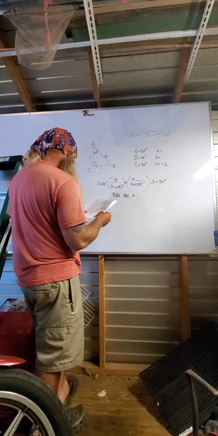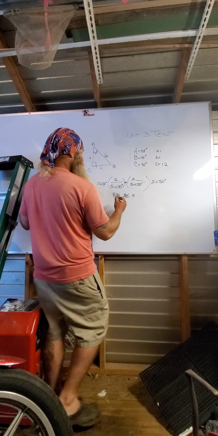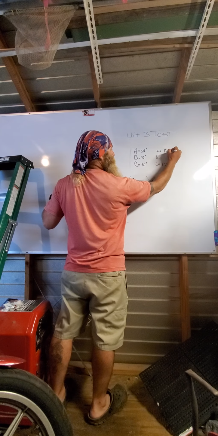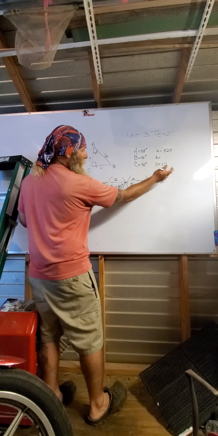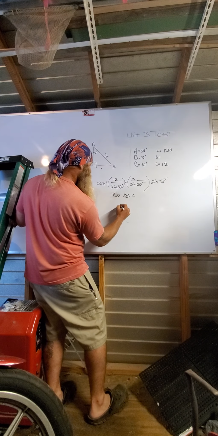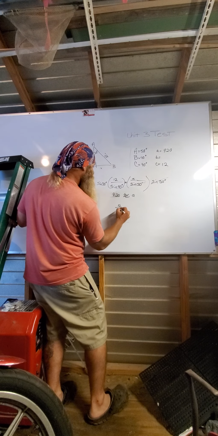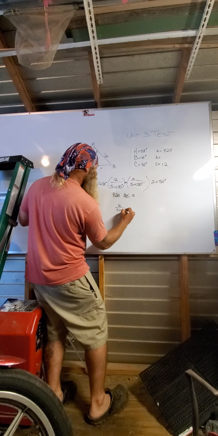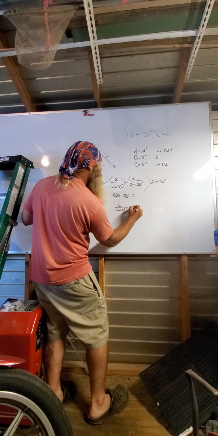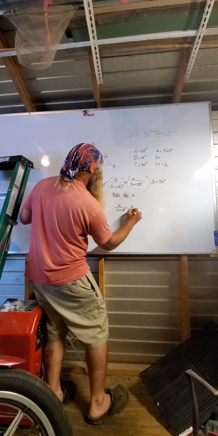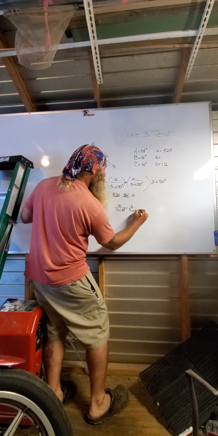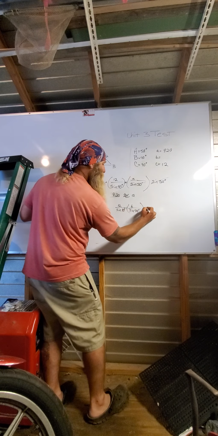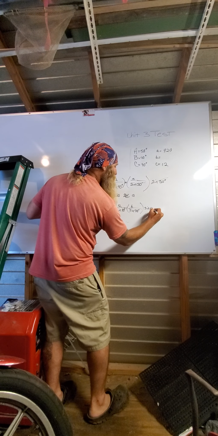And then I did the same thing. 12 over sine 90 degrees equals B over sine 40 degrees, times both sides by sine 40.